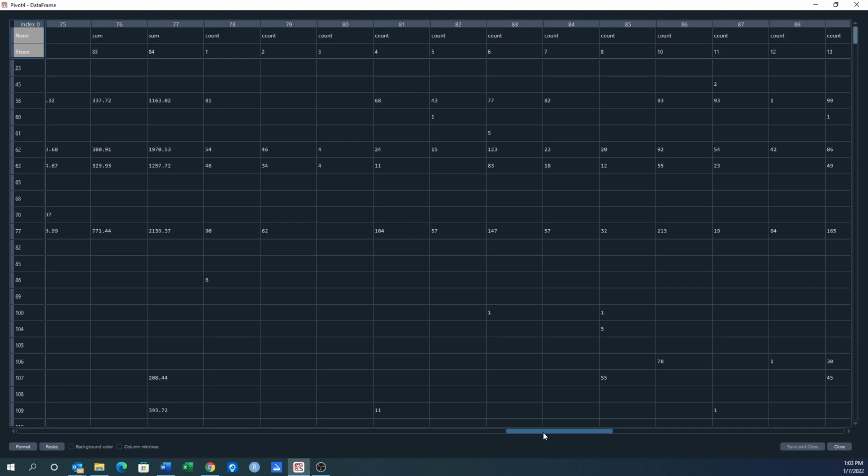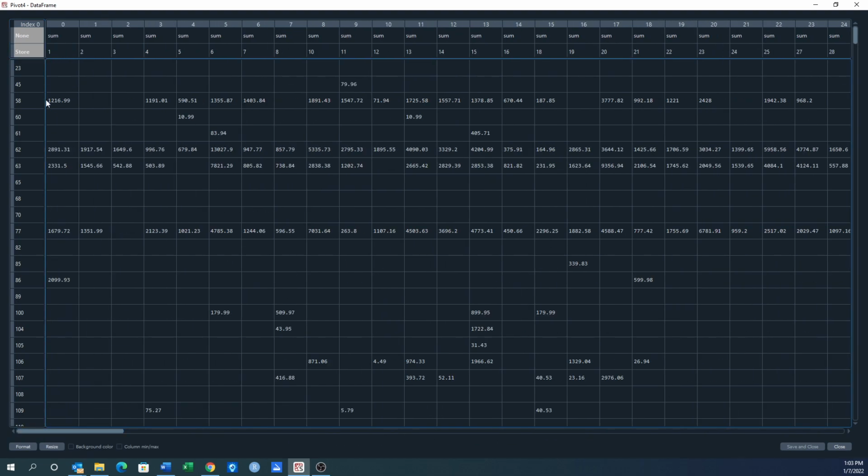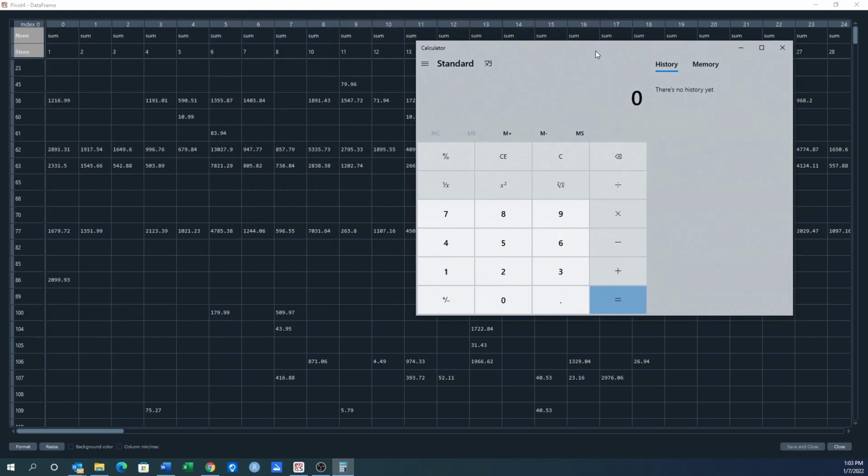So if I go back to my sum of sales, I take this and I calculate what's the average sales per day for the entire year. I'll take my 1216.99 divided by 365.